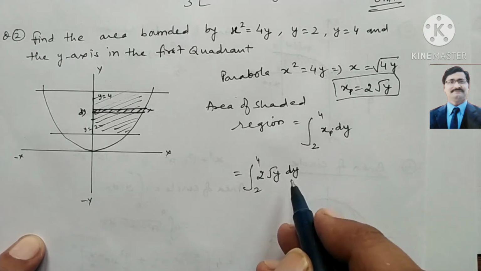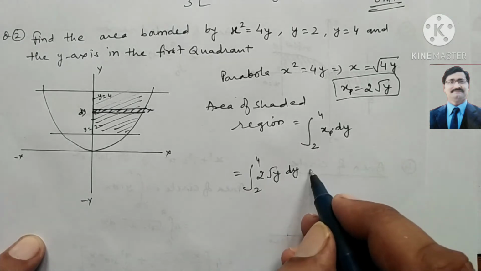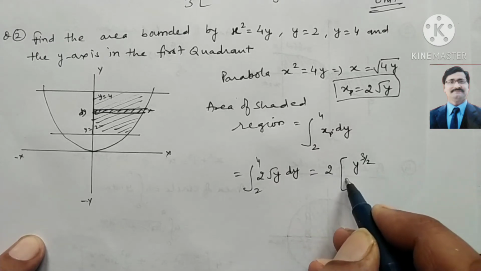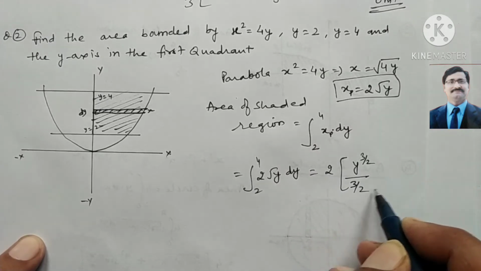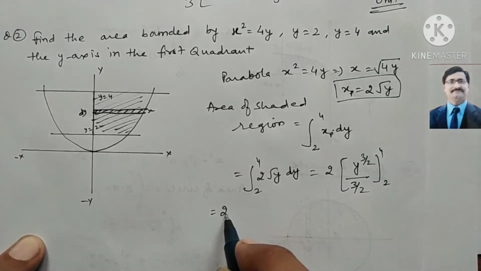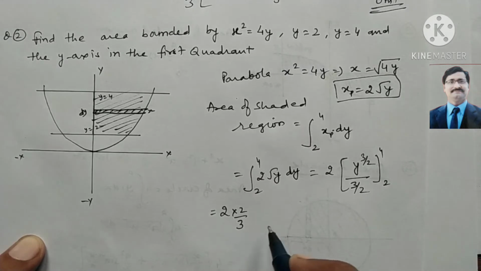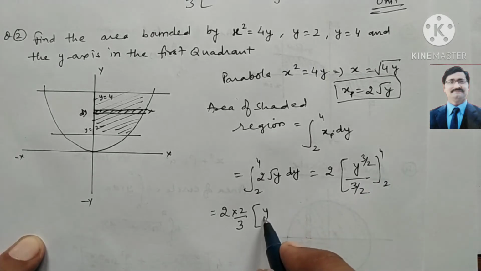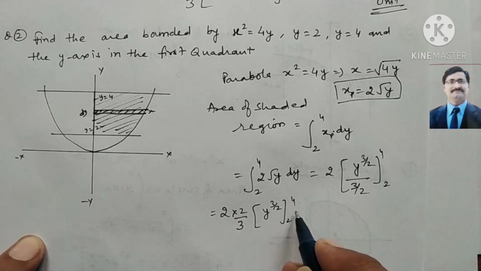Now we have to do the integral. The integral will be 2 as it is, and y power 3 by 2 upon 3 by 2, and here limit is 2 to 4. This 3 by 2 we can take outside, 2 by 3 we can write, and here in place of y we can put y power 3 by 2, 2 to 4.